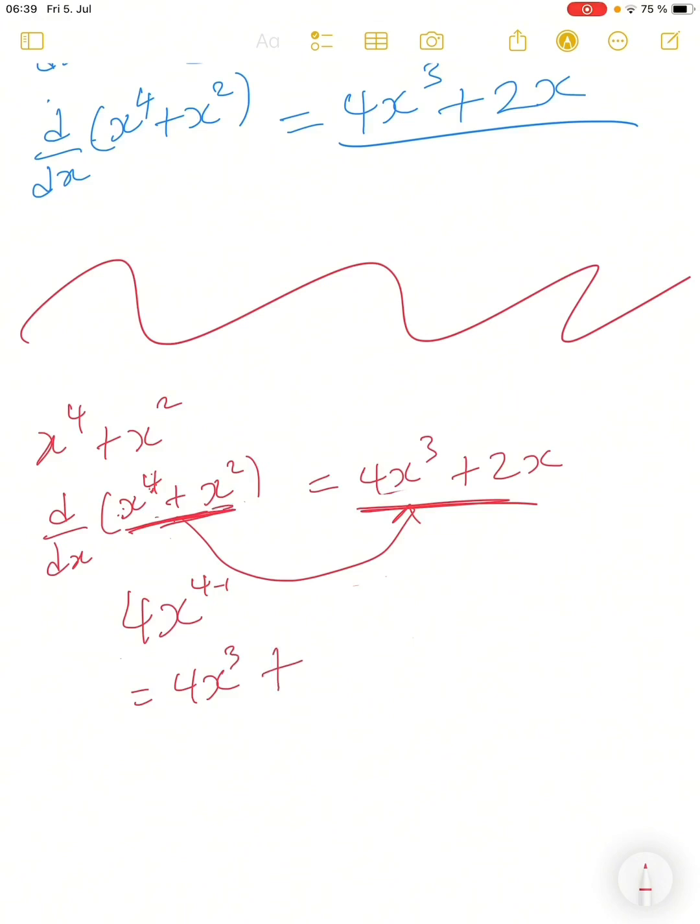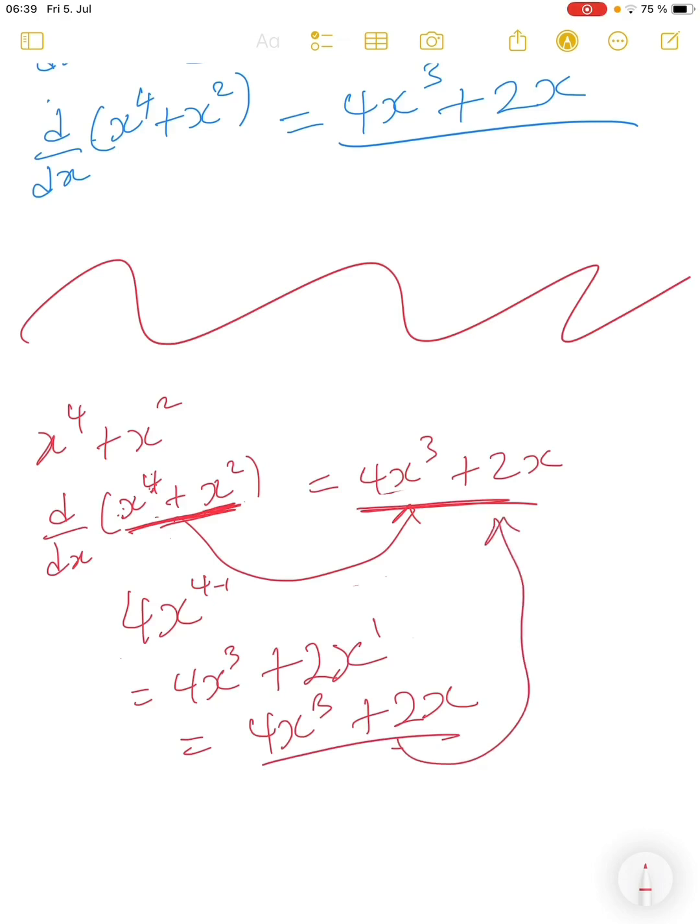Then for this, if we repeat the same, 2 times the coefficient, which is 1, then x power 2 minus 1, which is 1. So this is 4x power 3 plus 2x, because x raised to the power of 1 is x. So we have this, and this is the same thing as this.